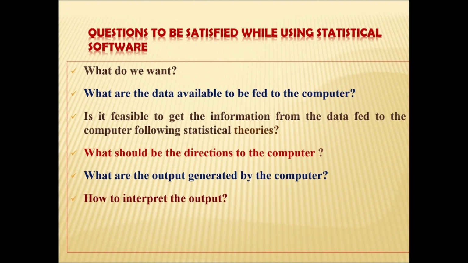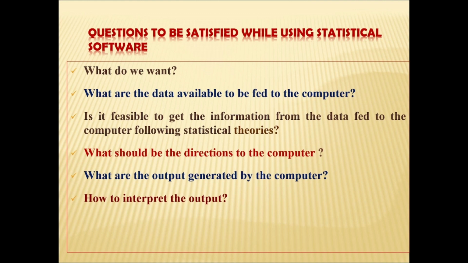I have a set of data, I know what tools to use, and I have computer software. Whether all three match together, only then can I reach the ultimate inference about the population. Otherwise, any mismatch will lead to misleading information.